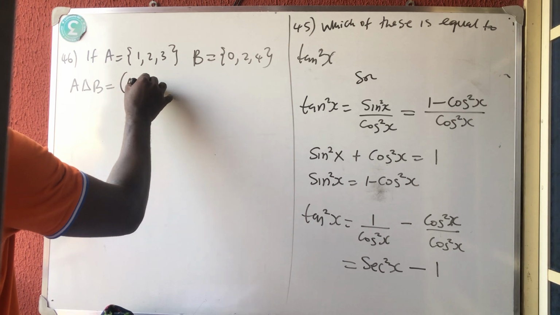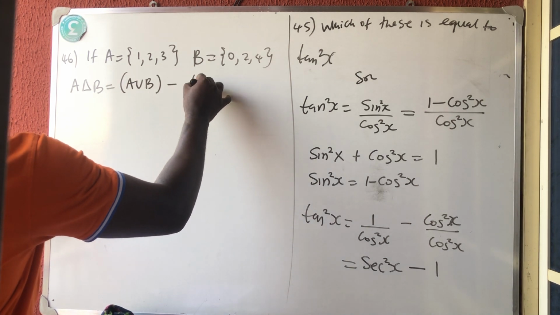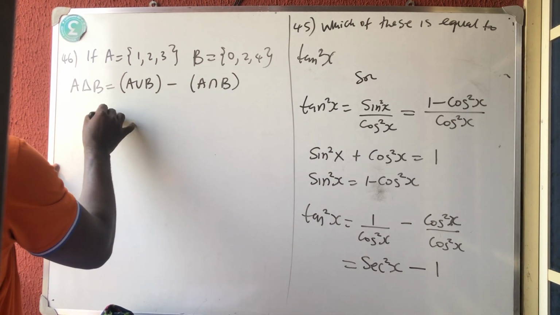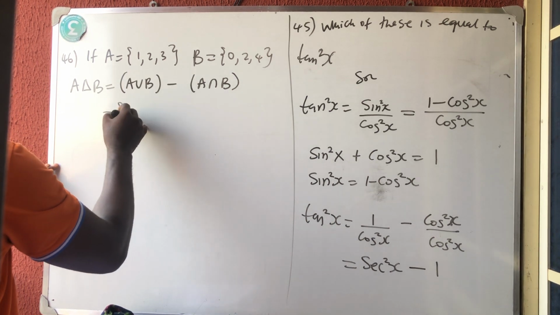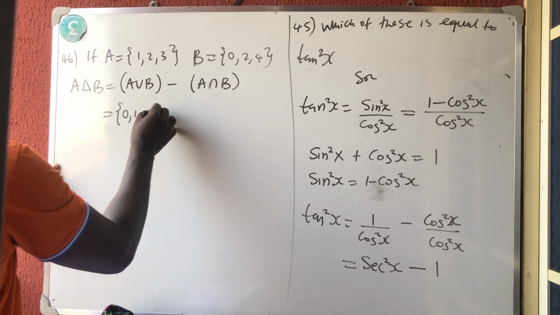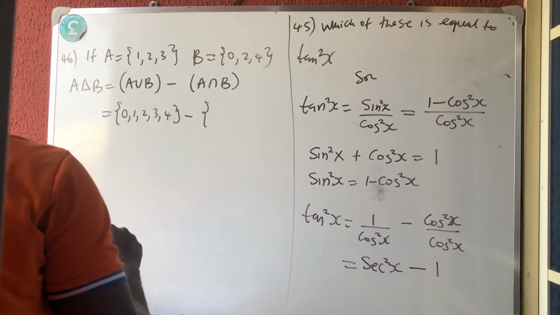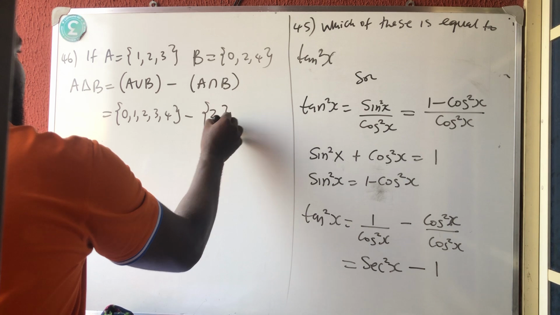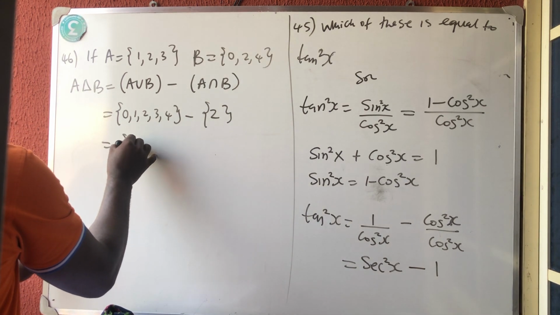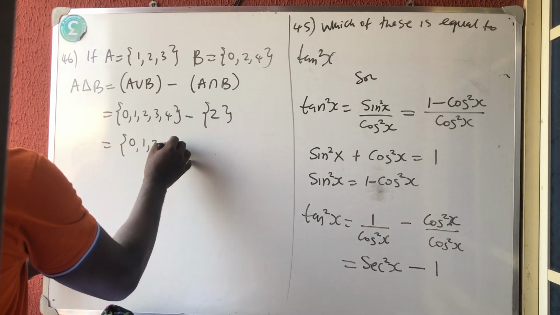That is A union B minus A intersection B. Their union is 0, 1, 2, 3, and 4, minus their intersection, what they have in common. They have only 2 in common, so the remaining is 0, 1, 3, and 4.